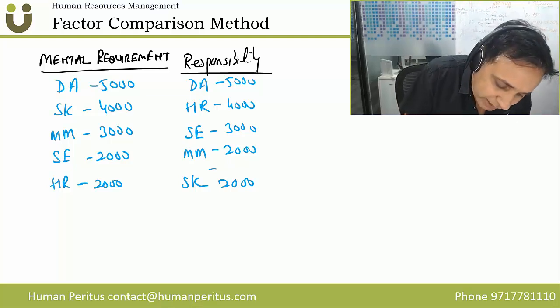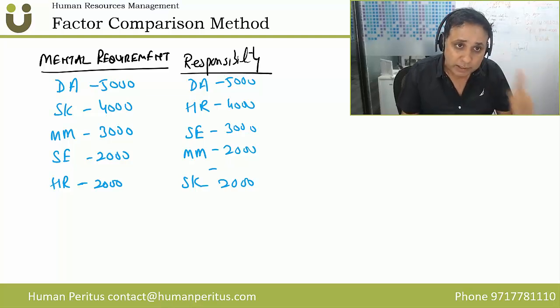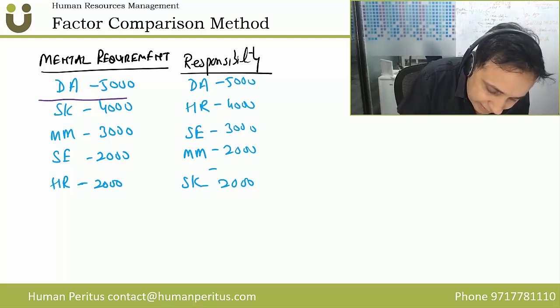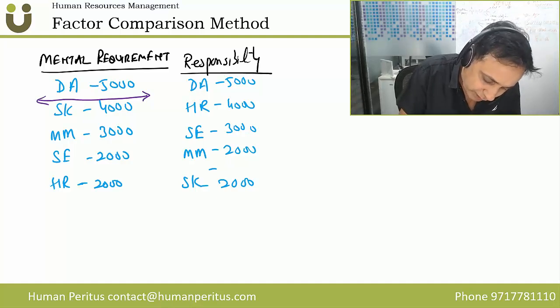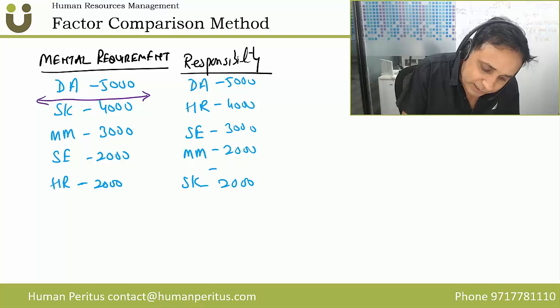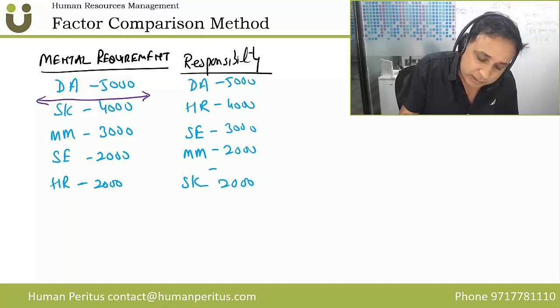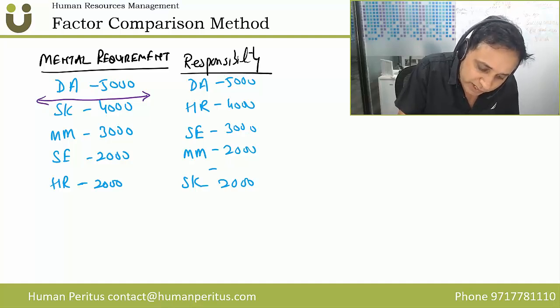For example, in terms of mental requirement, data scientist fits somewhere here. So guys, what do we conclude from that? For data scientist, as far as mental requirement is concerned, the money should be somewhere between 4 to 5,000. So let us say 4,500.